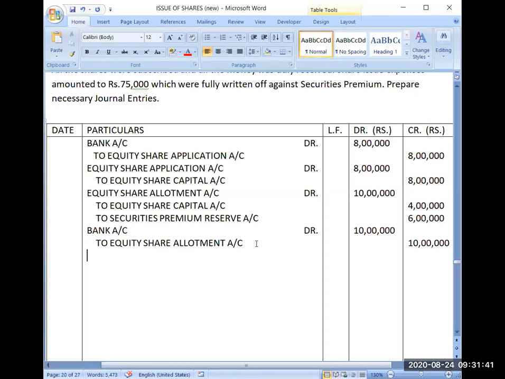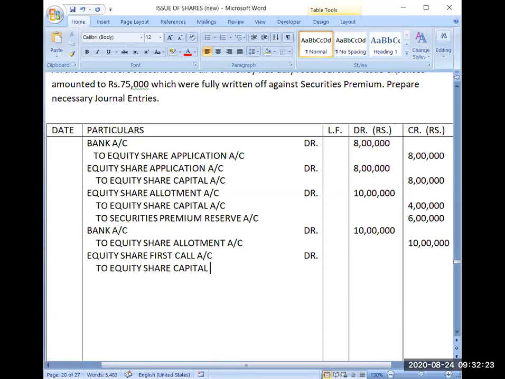Okay, now first call is due. So first call is due now. Equity share first call account debit to equity share capital account.